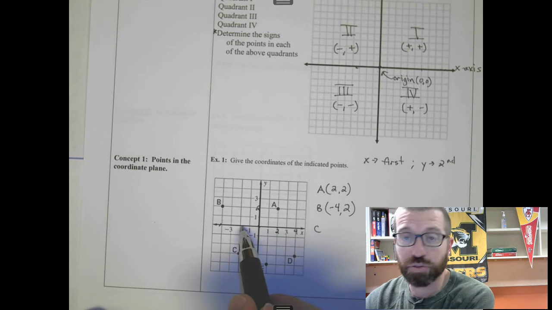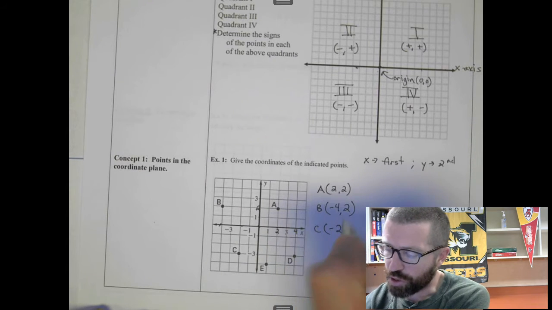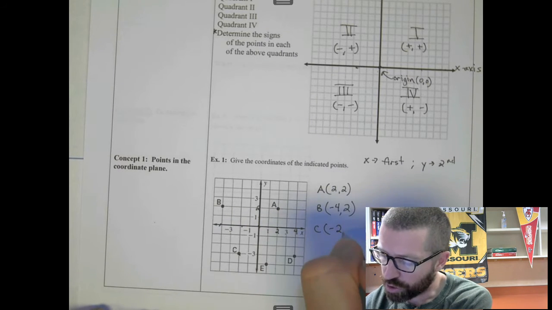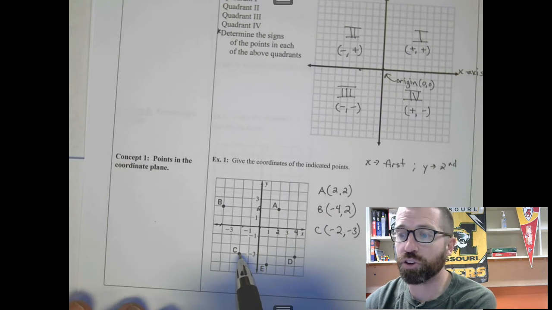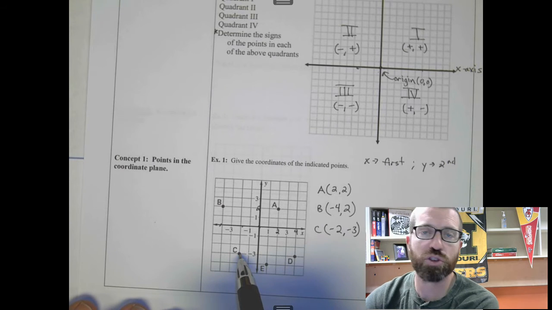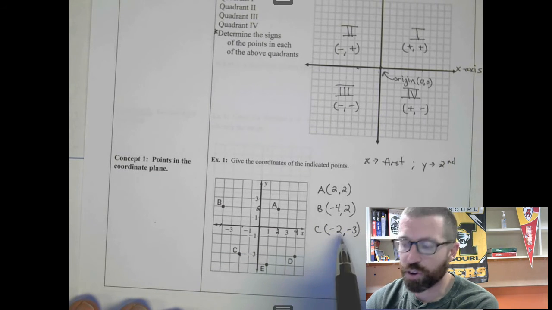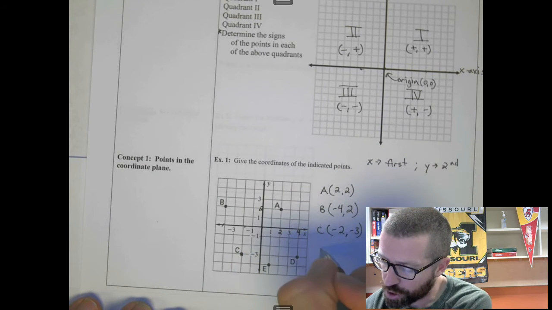You would walk left 2, so that's -2, and then you would walk down 3, and you would be standing on C. So -2, -3. And the other thing to start to notice is that these two numbers are giving you 1 point. Each of these numbers work together to locate this 1 point.